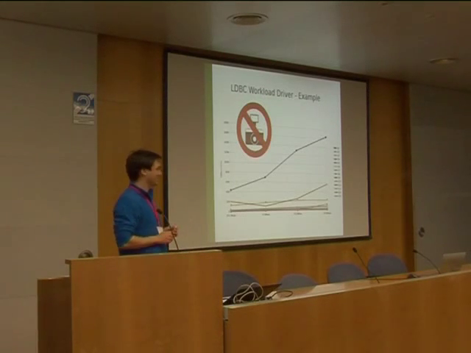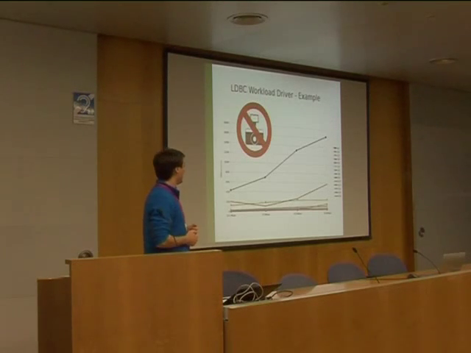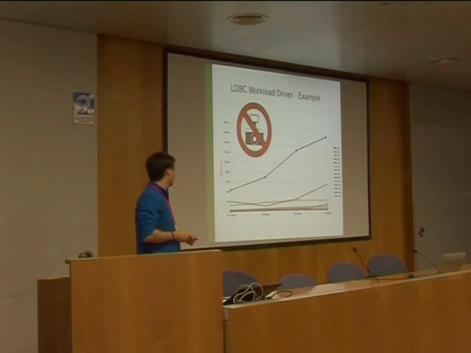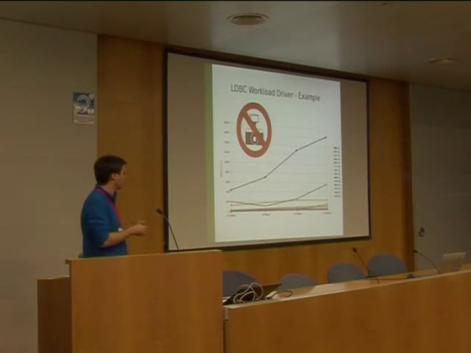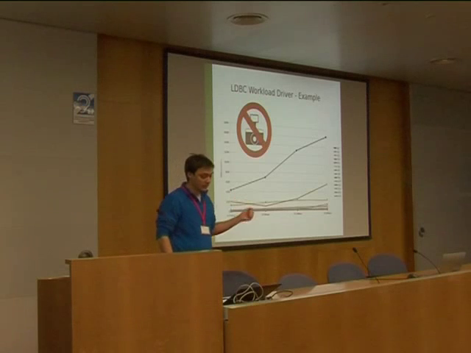I could not resist making the same joke as in Athens, so please do not take pictures of these numbers. These are the average execution times of the complex queries in Sparksee using different scale factors. It is just to show what I was telling you before.